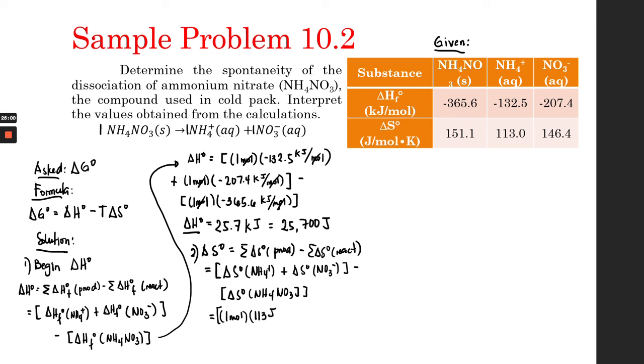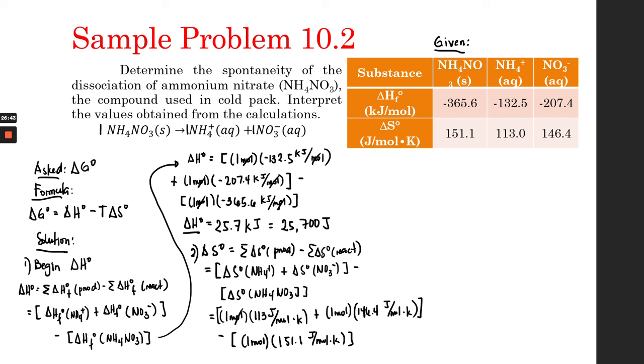This time it's joules per mole Kelvin, plus again 1 mole multiplied by 146.4 joules per mole Kelvin, and then minus the product, which is again 1 mole of the product multiplied by its delta S, which is 151.1 joules per mole Kelvin.